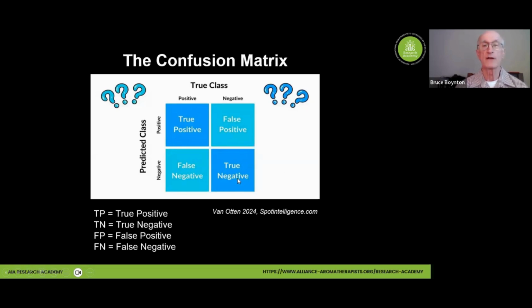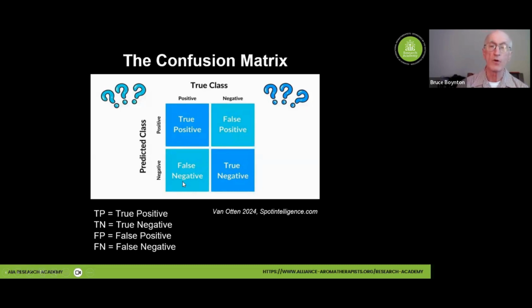Some were truly negative, and some were mistakes, false negatives. So the dark blue squares are the observations that really were positive and the test predicted were positive. And here we really were negative and the test predicted that they were negative.